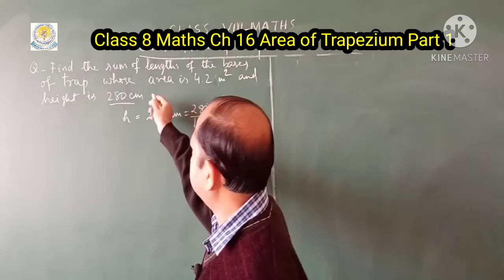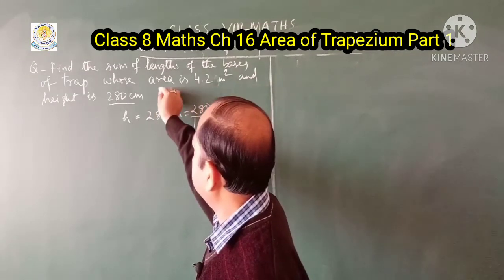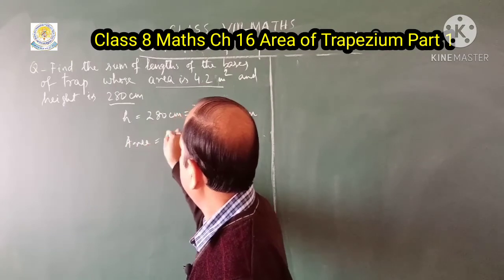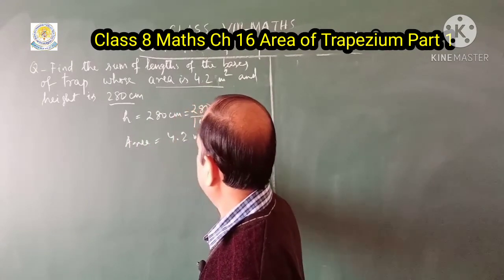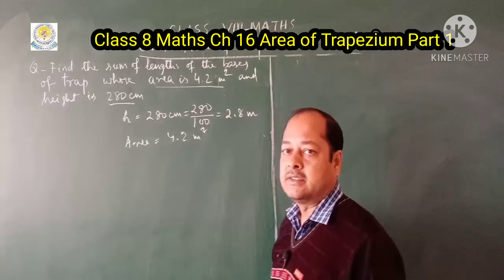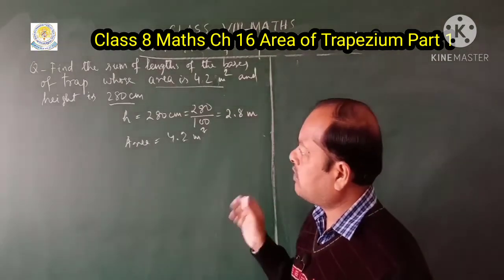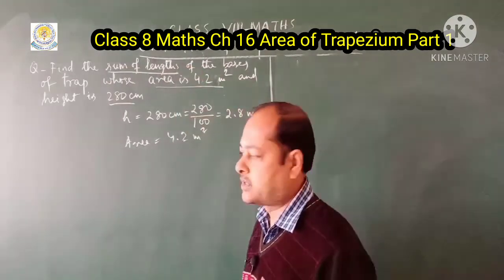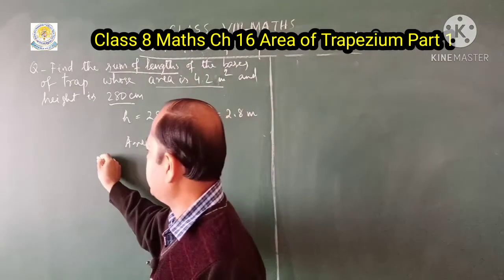And what other thing is given here? It is given that the area is 4.2 meter square. Okay, these things are given. And what do we have to find out? We have to find out the sum of lengths. So what is the formula to find the area?